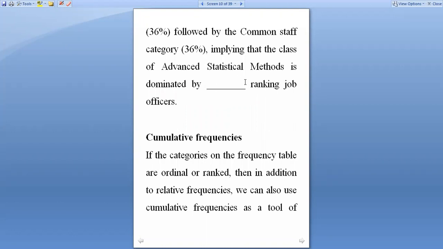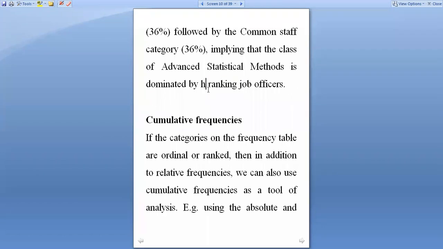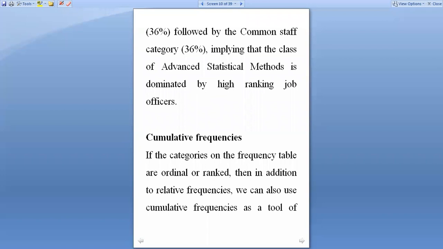implying that the class of statistical methods is dominated by, let me say, high ranking job officers. Why?